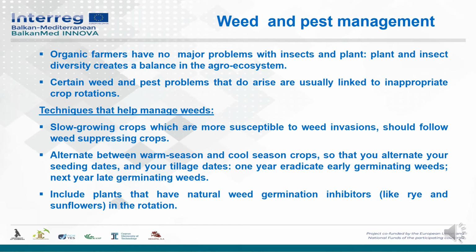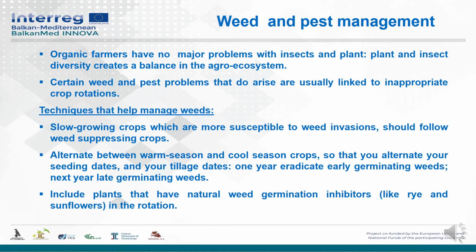Speaking about weed and pest management, in fact, here we face two different concepts. In conventional agriculture, people speak about protection against weed, disease, and pests. In organic agriculture, we have another concept. We speak about weed, disease, and pest management.